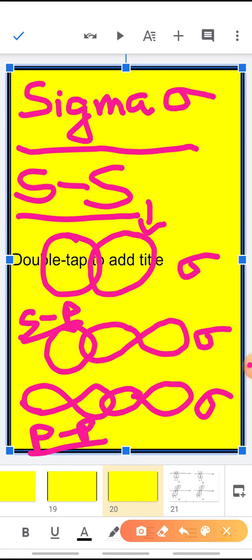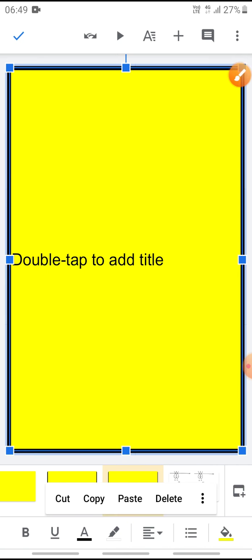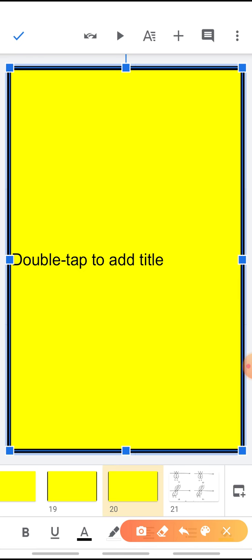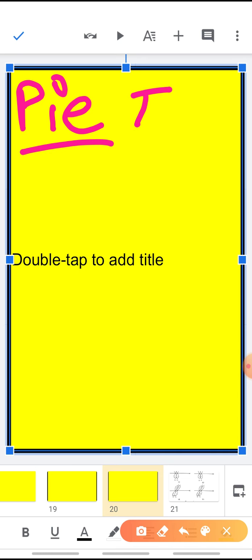Now coming to the pi bond. The pi bond is denoted by the symbol pi. How is a pi bond formed? A pi bond is formed always in addition with the sigma bond. That means a pi bond cannot exist alone.